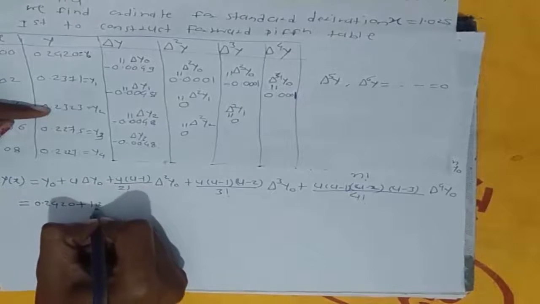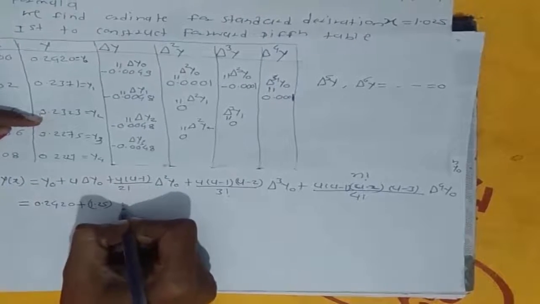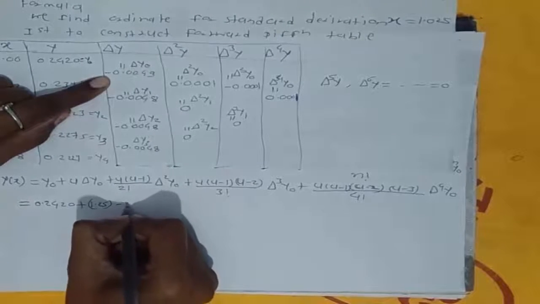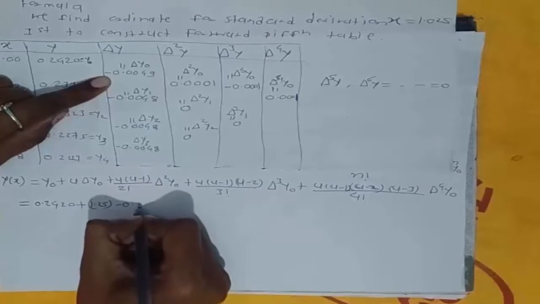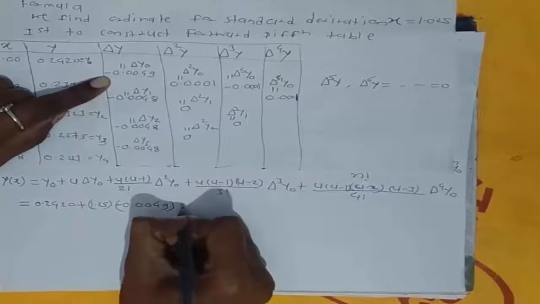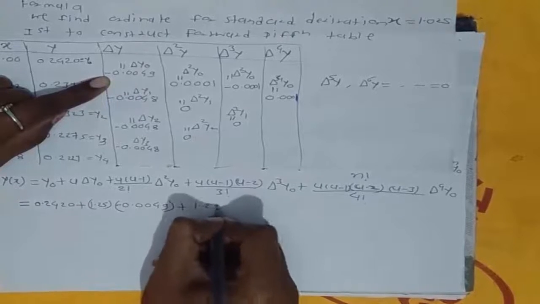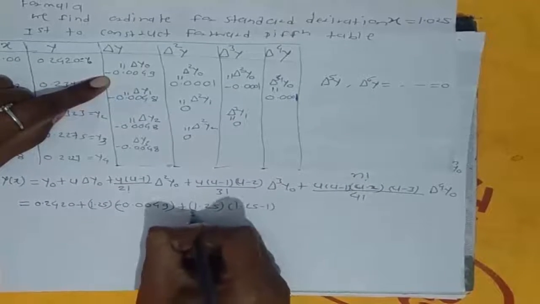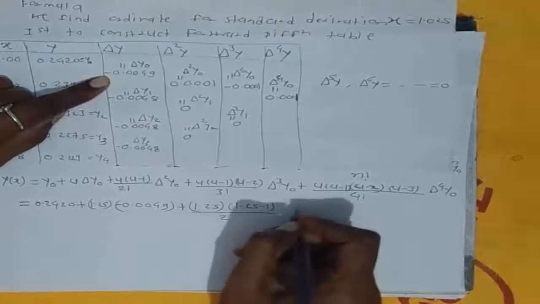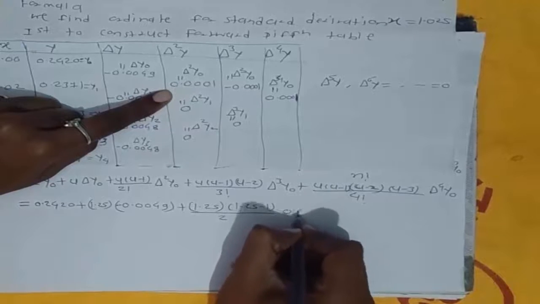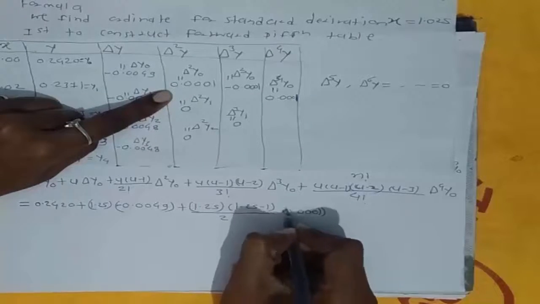So we write here 1.25 into delta y0, that is the first order forward difference, minus 0.0049. Okay, plus again u will be 1.25 into 1.25 minus 1 divided by 2 factorial, that is 2, delta square y0 will be this, 0.0001.